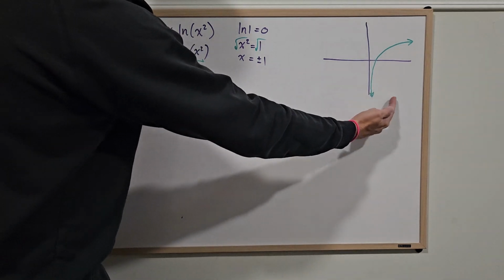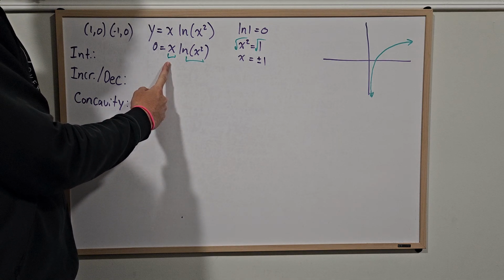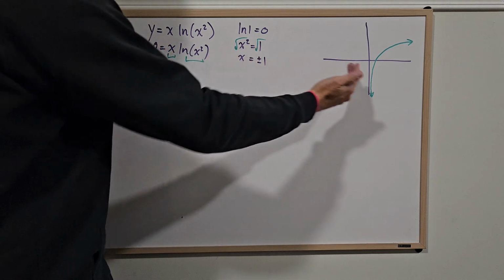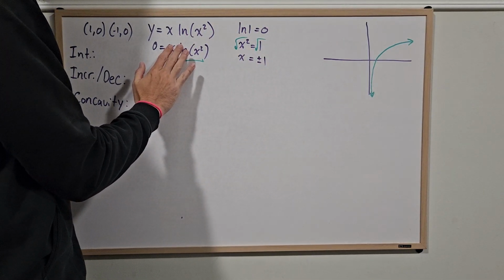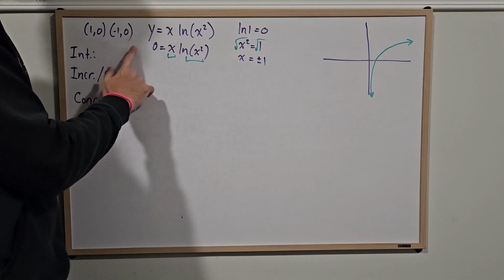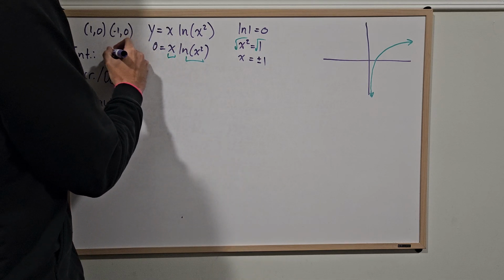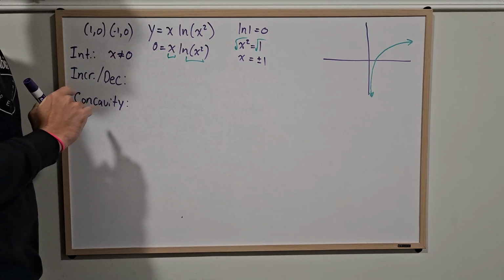Well, positive 4 exists over here, but that's going to be multiplied by negative 2 again, so it's going to give us a negative number. So we do have something that exists on the left side of the y-axis for our function, but it doesn't look like it exists at x equals 0. Okay, so x cannot equal 0.